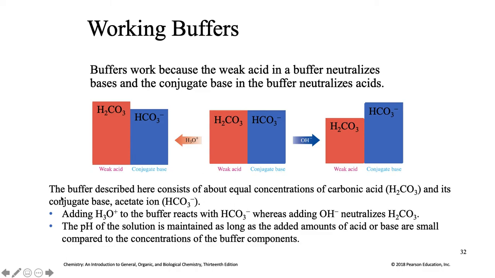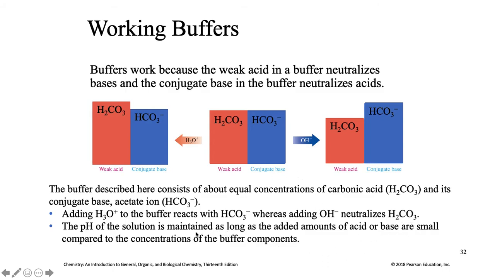The buffer, as you can see, is equal concentrations of carbonic acid and its conjugate base, HCO3 minus. And we just talked about how adding H3O plus reacts with HCO3 minus, and adding OH minus neutralizes H2CO3, the acid.